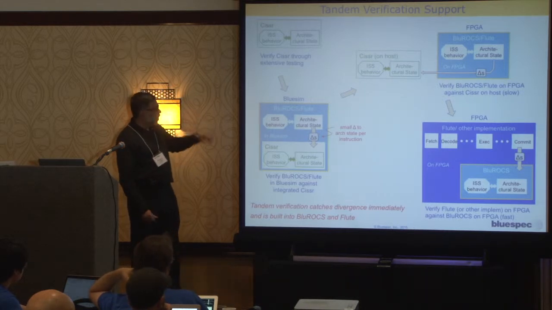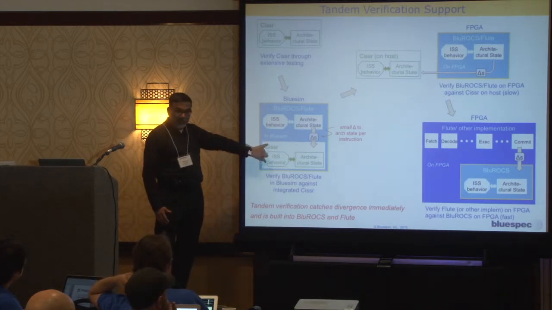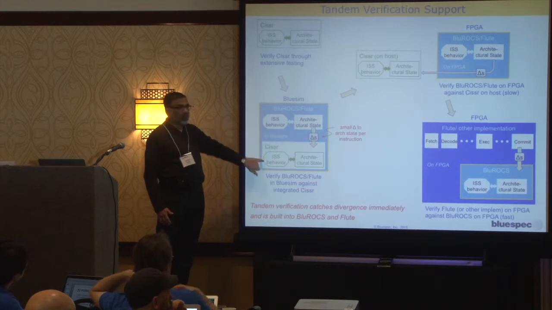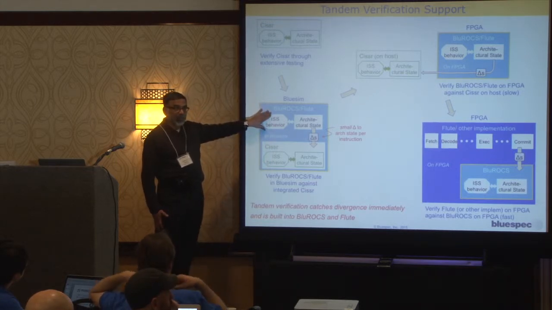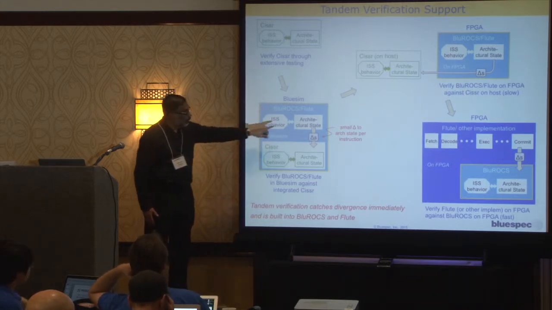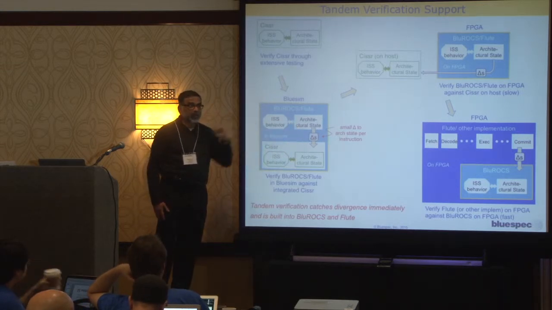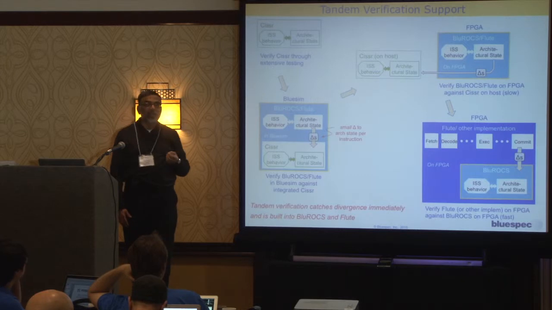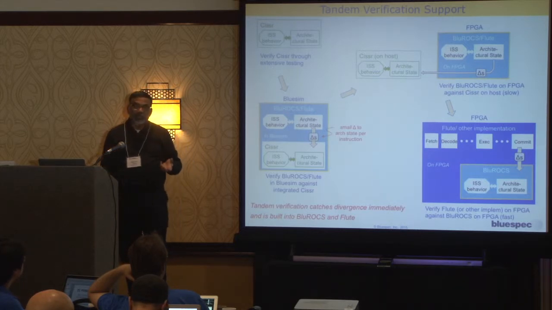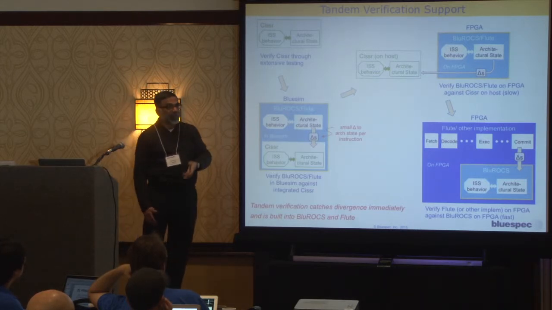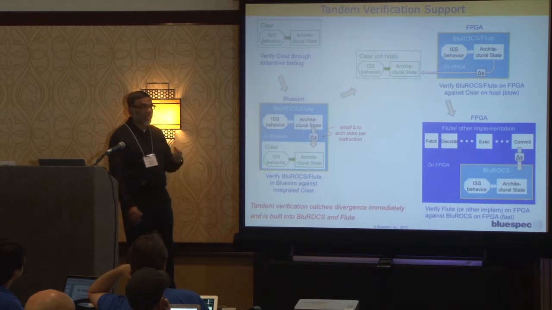Using that capability, we incorporate it into the BlueSim simulation of BlueRox. Basically, for every instruction that's retired, only a small piece of architectural state is actually changed by any particular instruction. Maybe a register is written, maybe a memory location is written or read, et cetera.